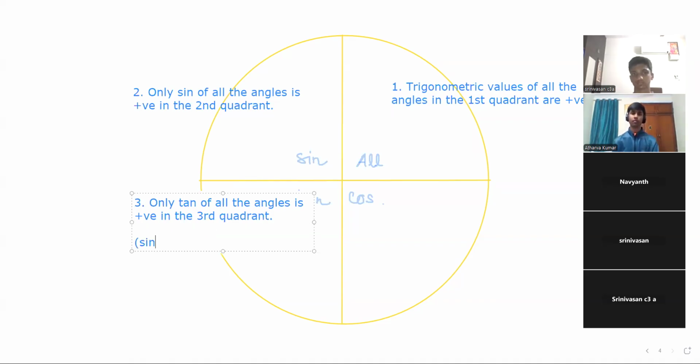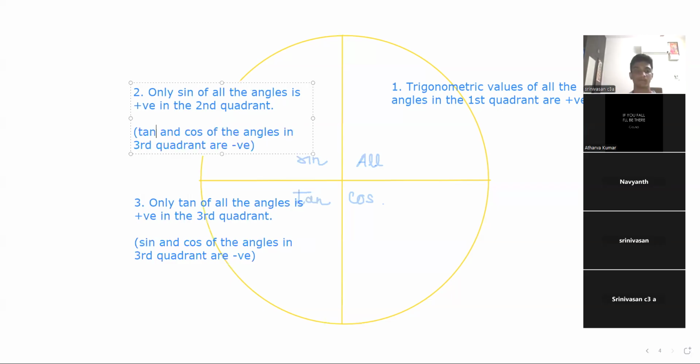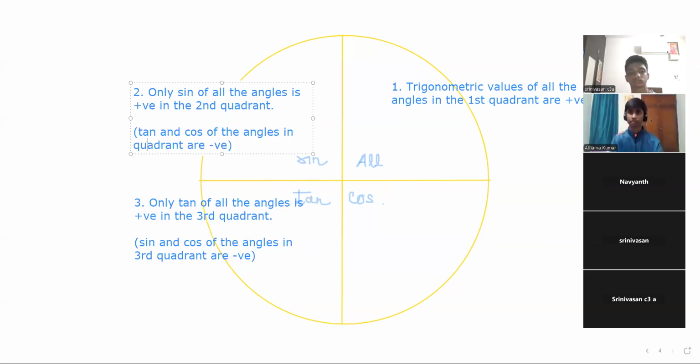Sine and cos of the angles in third quadrant are negative. Okay? I'll just copy this and paste it for second quadrant also. So here it will be tan and cos of all the angles in second quadrant are negative.